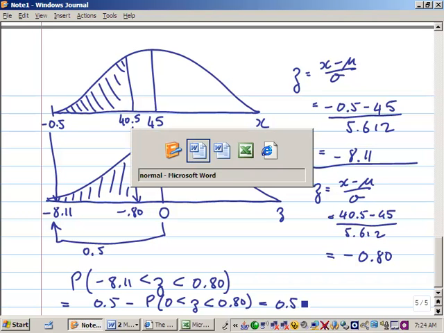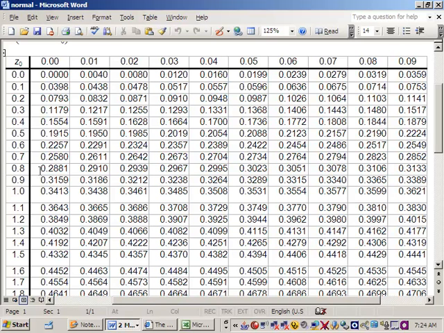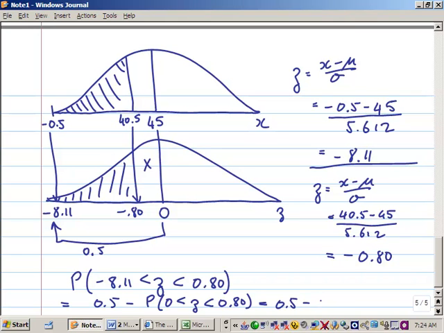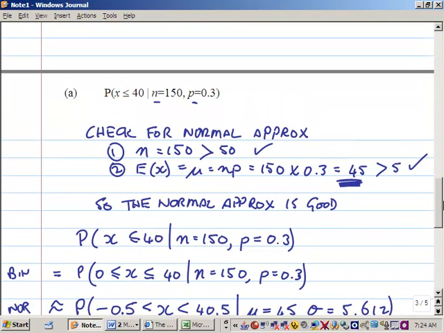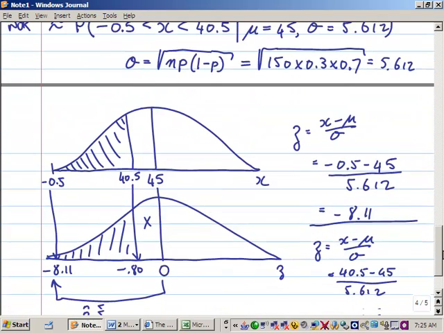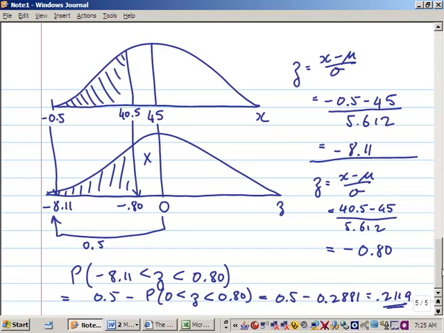Go to our tables, look for the probability at 0.80. That's 0.2881, and that gives 0.2119 for our probability. So the probability of getting the binomial less than or equal to 40, with 150 trials and probability of success in one trial 0.3, is approximately 0.2119. And that's the process.